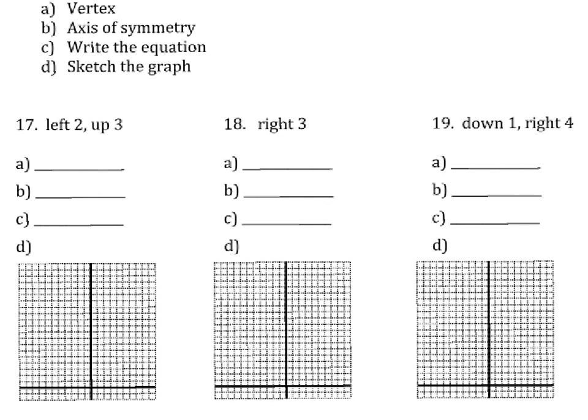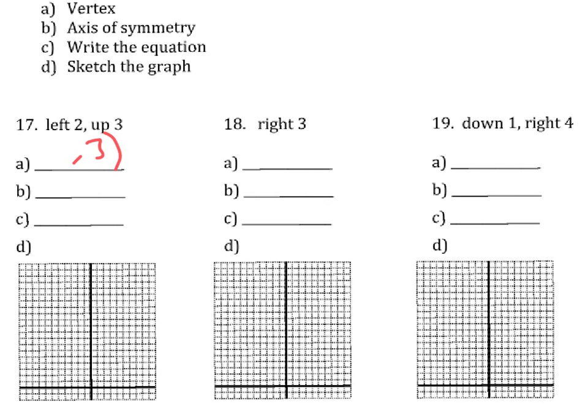All right, here's number 17. So this says left 2 and up 3. We're thinking, if the up and down is always the same sign, the vertex for the y is 3. But left is always the opposite sign as indicated. So left on a number line is usually negative.